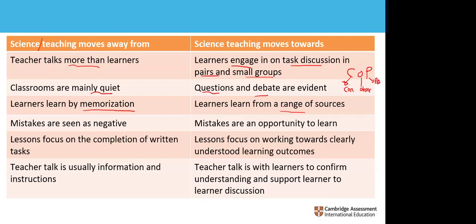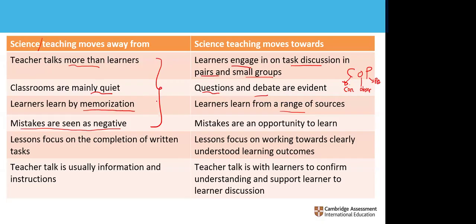It can be outside a classroom, through site visits, audios, or videos. Learning can occur anywhere, not just memorizing the gospel truth of what you have told them. In the old system, mistakes are seen as negative. These are systems that are very old.